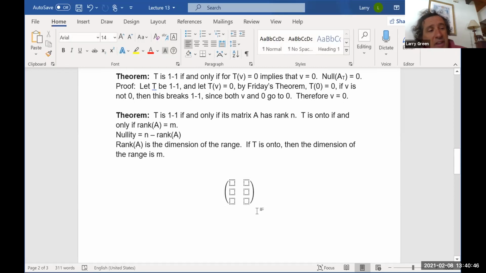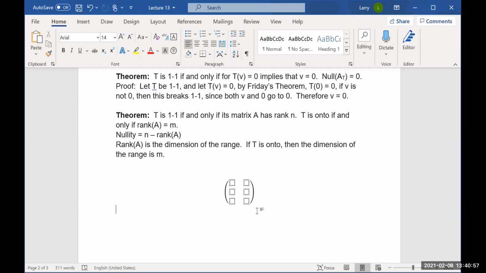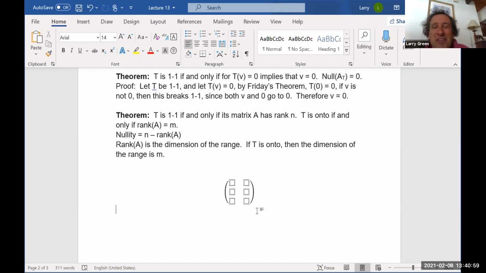Okay, just a note. Here's T. Can you all see it? Yeah. All right. Now I'm going to let you use your imagination. I'm purposely not putting numbers in. No matter what I put in, can T be 1 to 1?